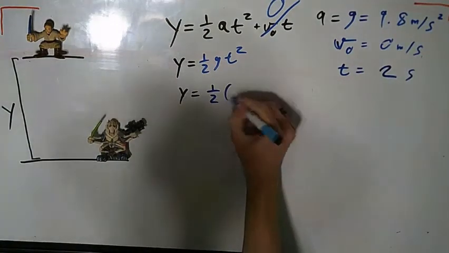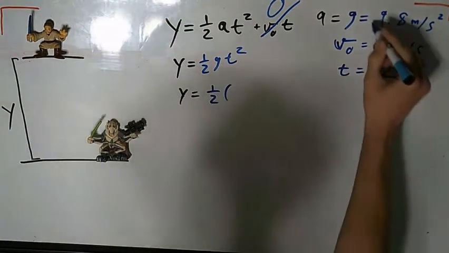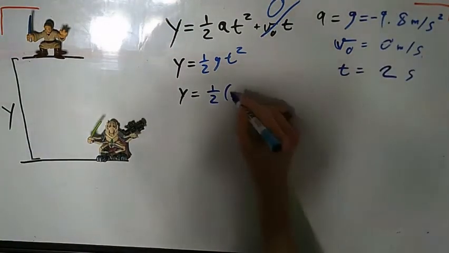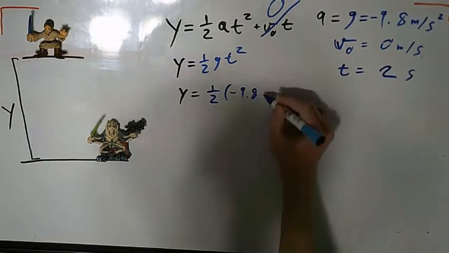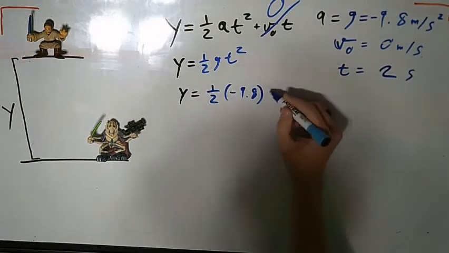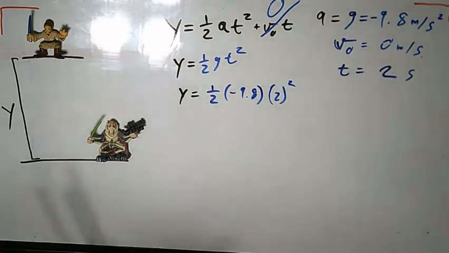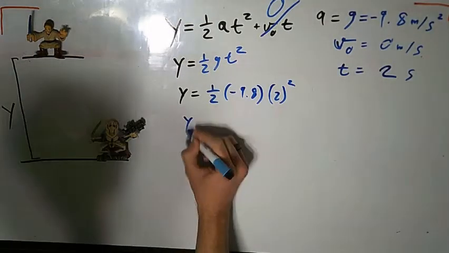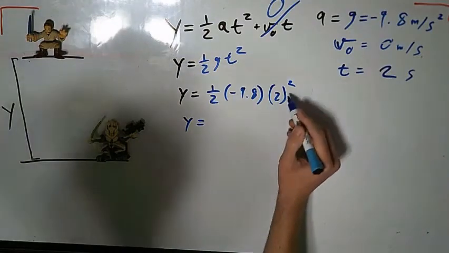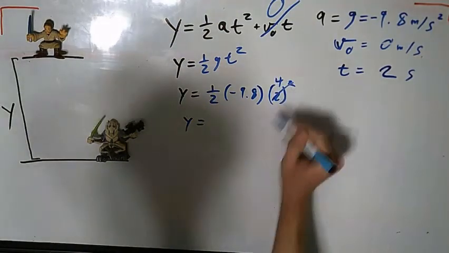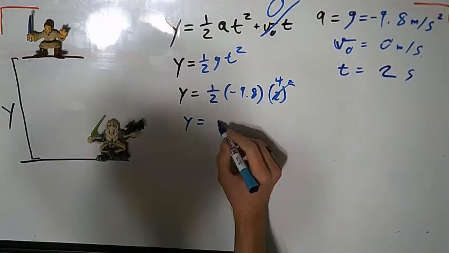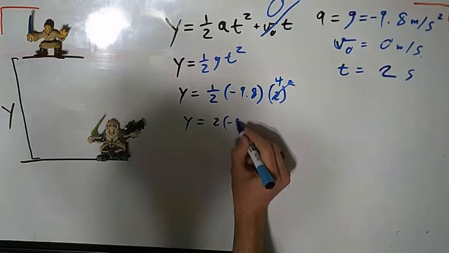Okay, so we'll plug the numbers in. I forgot to do this before, but it's actually negative 9.8 meters per second squared, because it's down, times our 2 seconds squared. 2 squared happens to be 4, but then multiply that by 1/2 and you get 2 times negative 9.8.